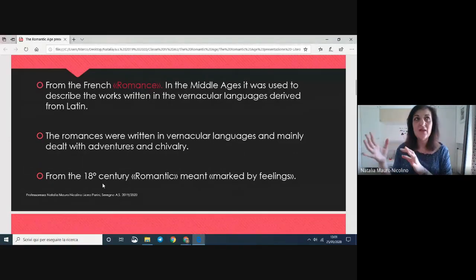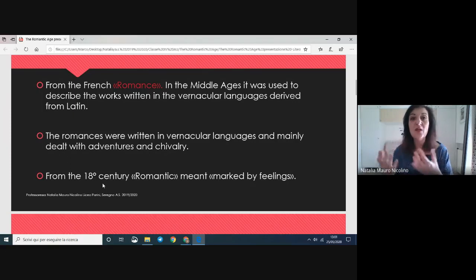So the enlightened philosophers, the enlightened scholars, who based their ideas only on the supreme power of reason, used the word romantic with this meaning which was not a positive one for sure. Romantic was everything that was characterized, marked, as you can see here, written on this slide, by feelings. So, you can understand why for the 18th century philosophers, scholars, it didn't have a positive meaning.